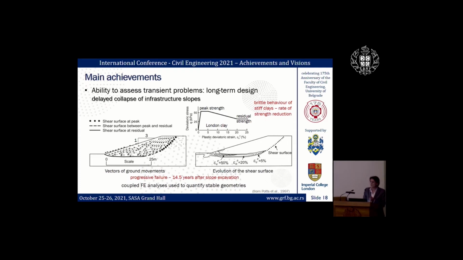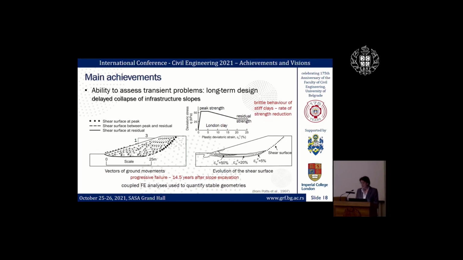Because of the void space, because of the water in the void space, after any construction there is a dissipation of excess pore pressures, there is a drainage of water from the void space, which causes additional deformations with time.